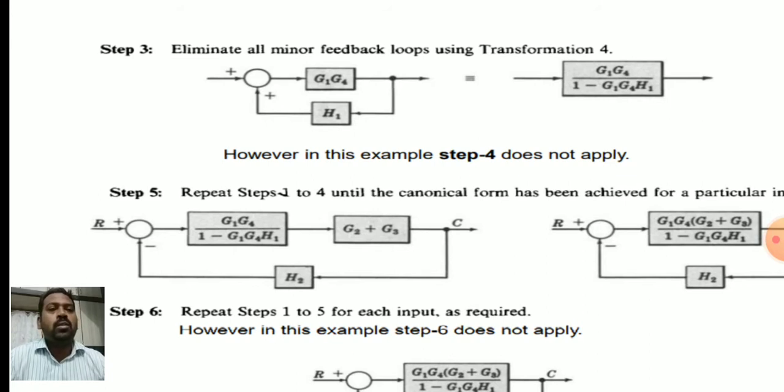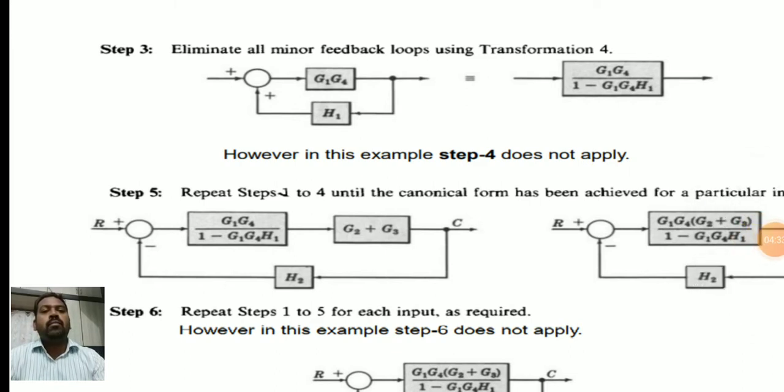It turns into G of S, that is G1 G4 whole divided by 1 minus G of S into H of S. Why minus? Because it is a positive feedback signal. G of S is G1 G4, H of S is H1. So this whole feedback loop turns into a simple block with input and output with transfer function G1 G4 whole divided by 1 minus G1 G4 into H1.